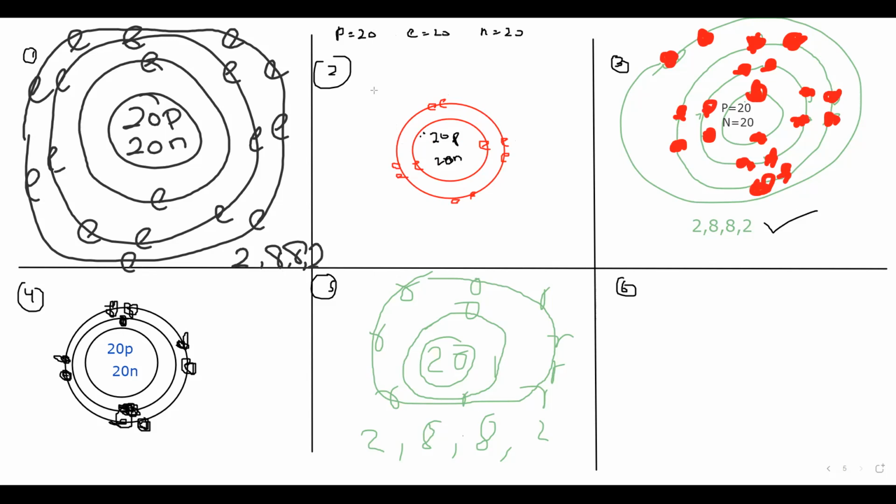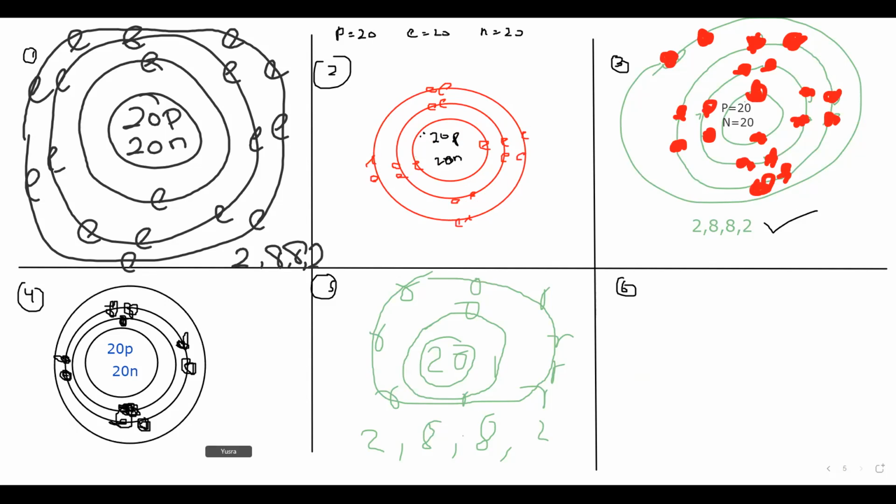The third shell can have maximum 18, but for the first 20 elements it's 8 again. We have to arrange a total of 20, so 8 plus 8, 16, and 16 plus 2, 18. So still 2 electrons we have to arrange, so we have to move to another shell. So when we write the electronic configuration, it is 2, 8, 8 and 2.